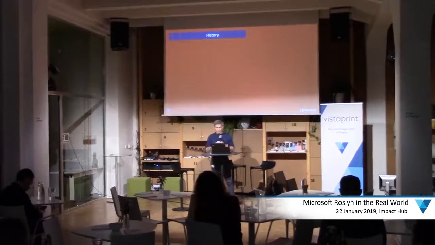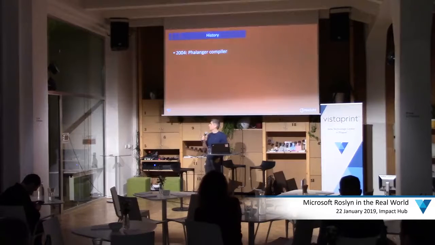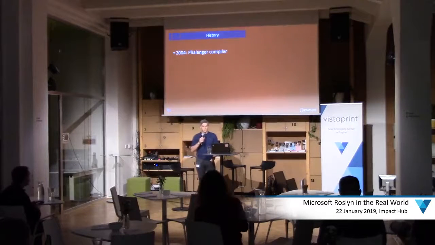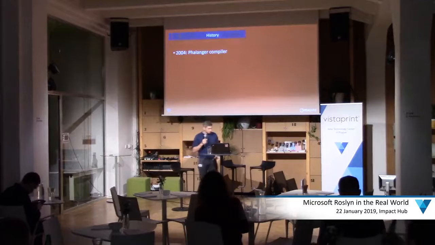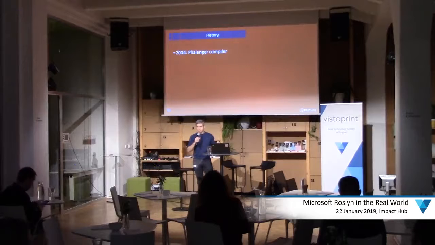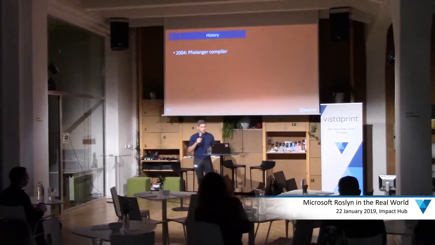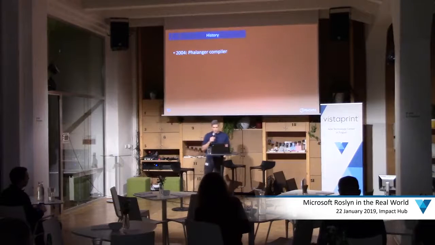And now, let's get started with some history, because everyone loves some history. Actually, let's start with the year 2004, because in this year a few students at Charles University started a project called Phalanger, which compiles PHP code to .NET. They tried to prove that you can do things better and faster, with some syntax trees or so.